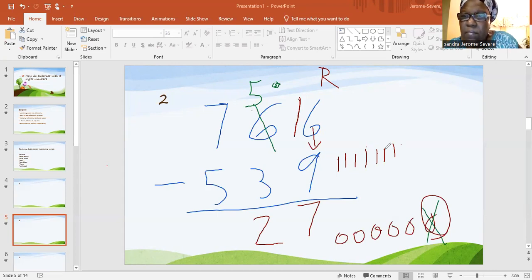What is that? 2. How do you know it's 2? You could do 7 fingers, and you take away 5, you have 2. Okay, so that's this one. So far, so good? All right, so let's go do another one.